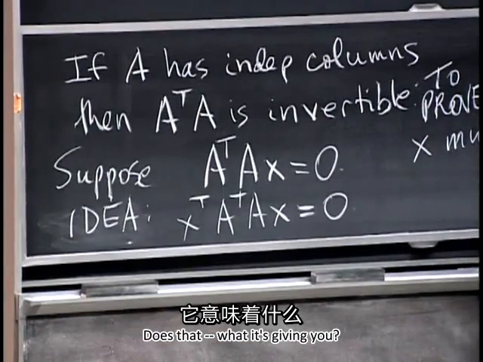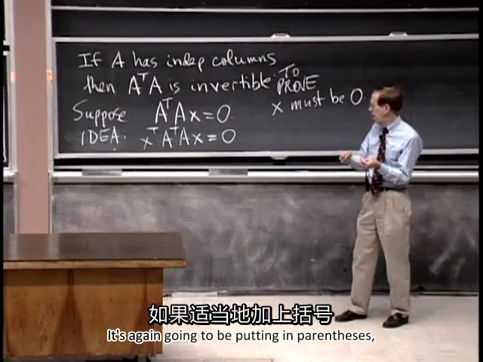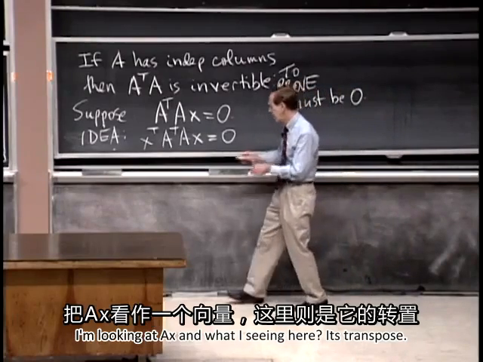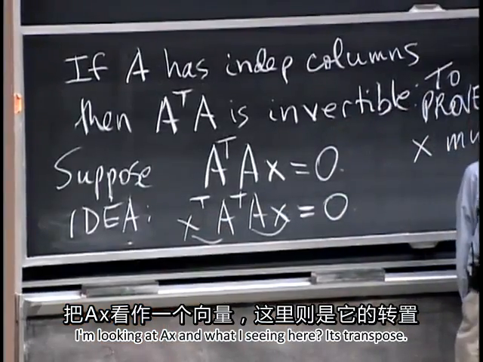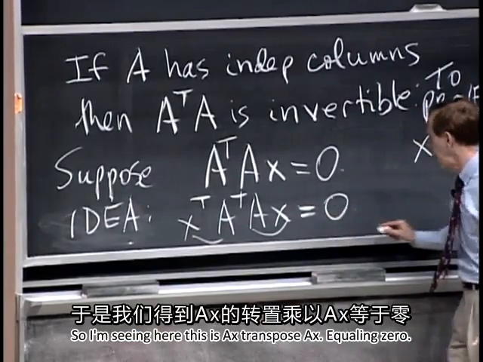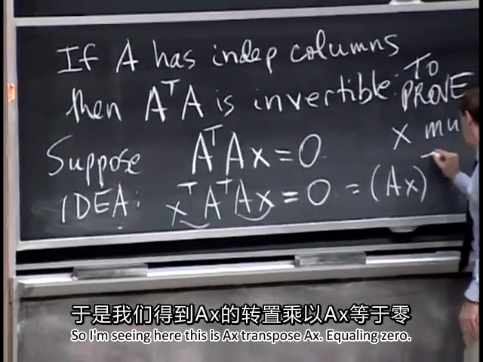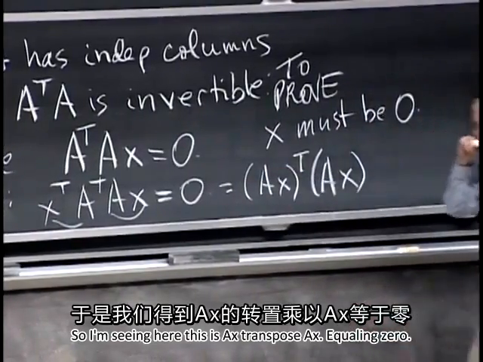Do you see what it's giving you? It's again going to be putting in parentheses. I'm looking at Ax, and what am I seeing here? It's transpose. So this is (Ax) transpose (Ax) equaling 0.